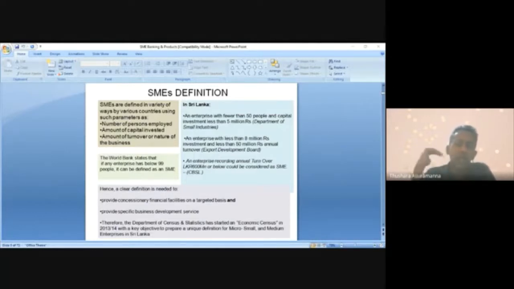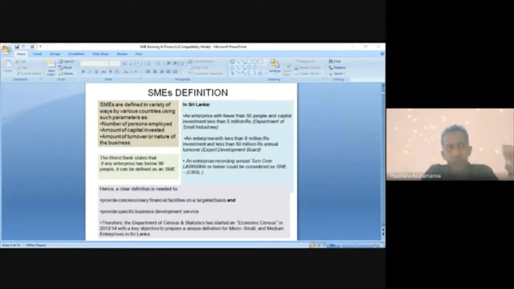So the current Sri Lankan definition is annual turnover of 750 million or below. There may be enough questions to that extent, and they have asked. If you are coming from 2014 to right now, there may be several definitions, but the current definition is 750 million or below. That's why I have given several definitions which are outdated now, but they were being used from time to time.